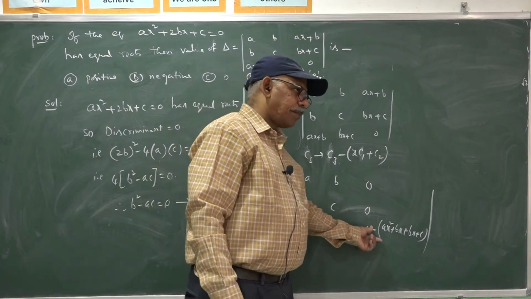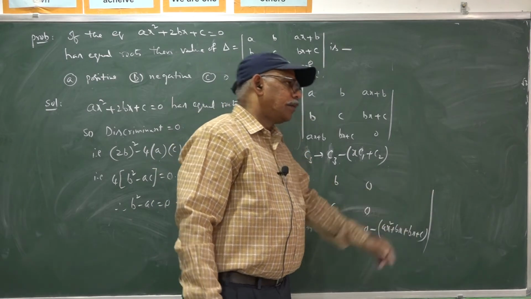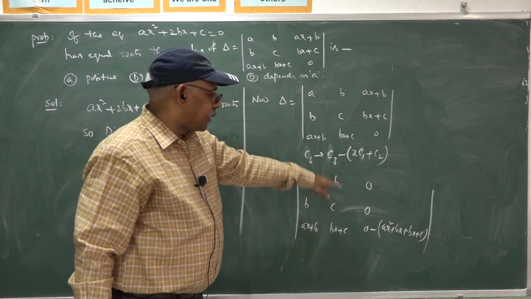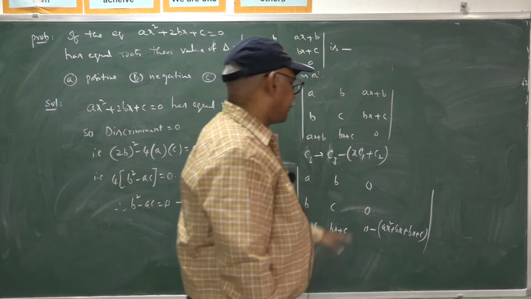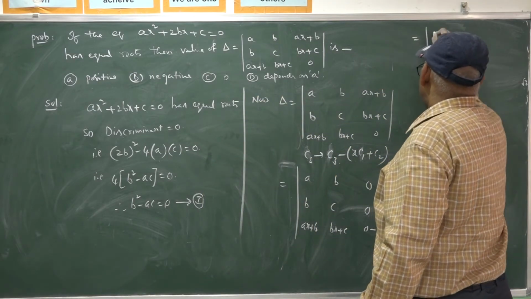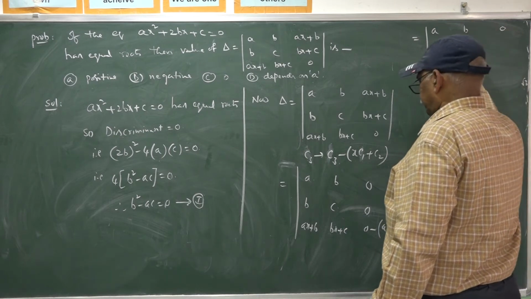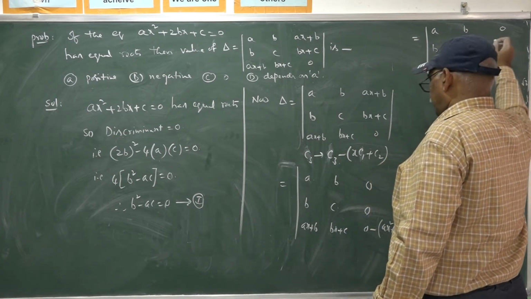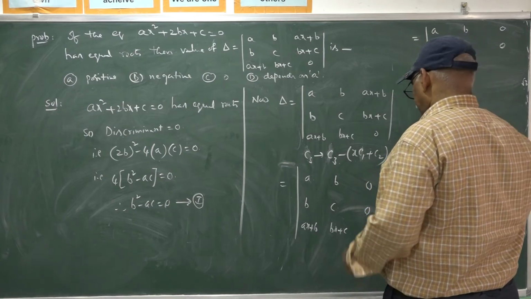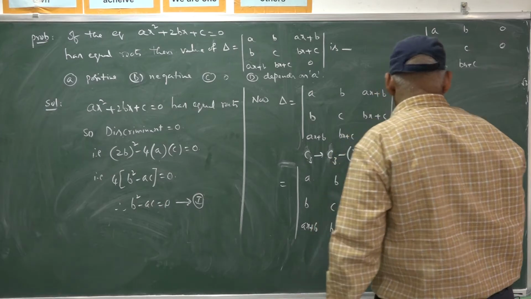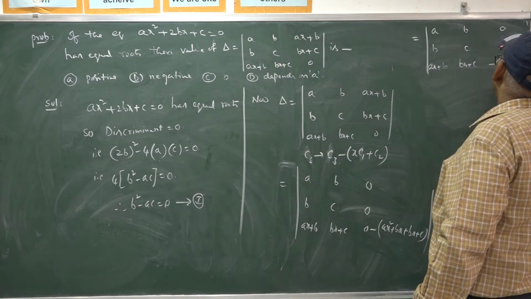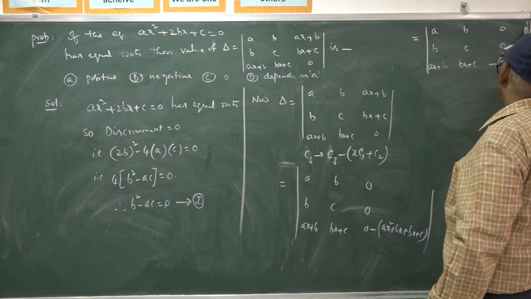The element of C3 minus x C1 plus C2, multiplying this element with x, is Ax square plus bx plus c. That is the determinant value: A, B, 0; B, C, 0; Ax plus b, bx plus c, and on simplification it is minus of Ax square plus 2bx plus c.